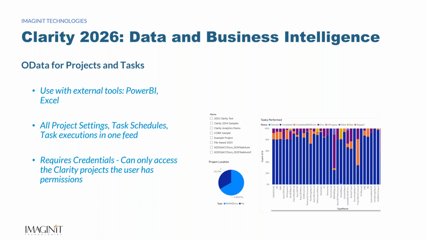For using this, you have to log in and use your Clarity credentials, because you will only get the access of the projects that you have permissions to see when you actually get the data in, say, Power BI. So it is credentials required. I think some of our other external links, it's an option, but in this case, you have to have it.